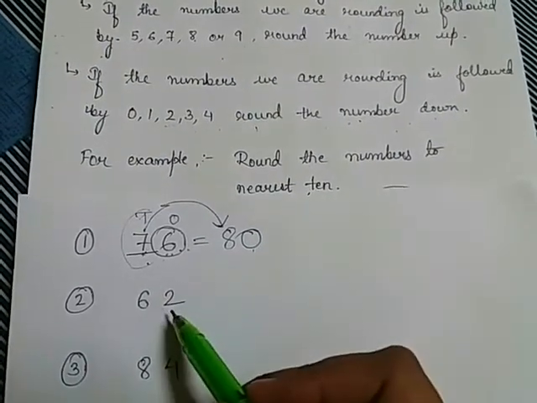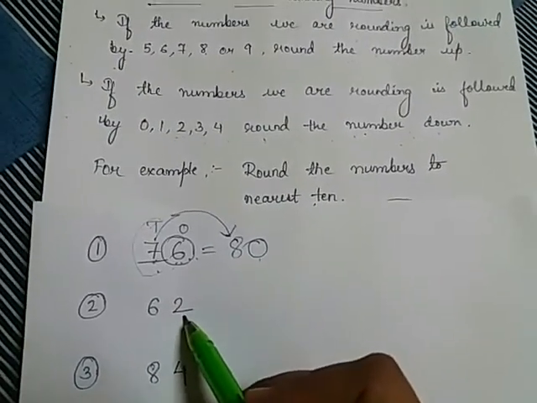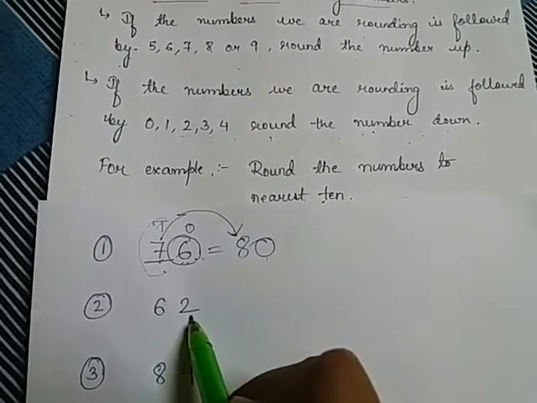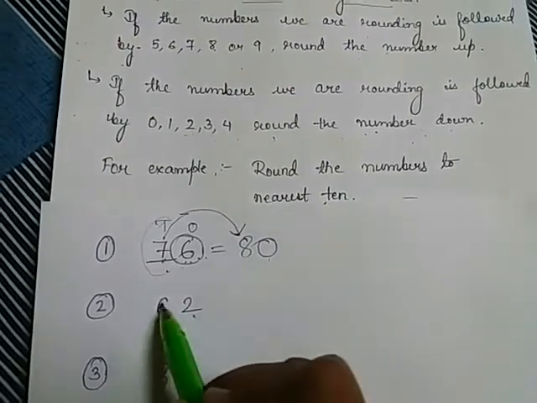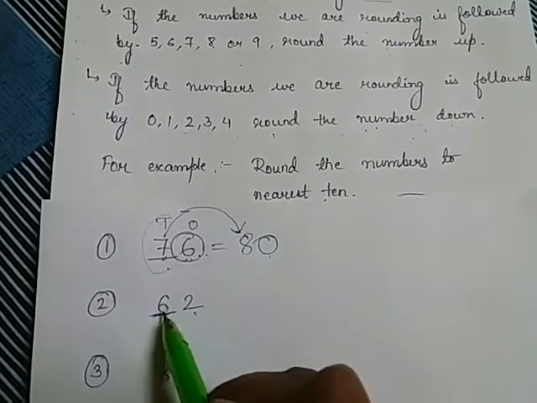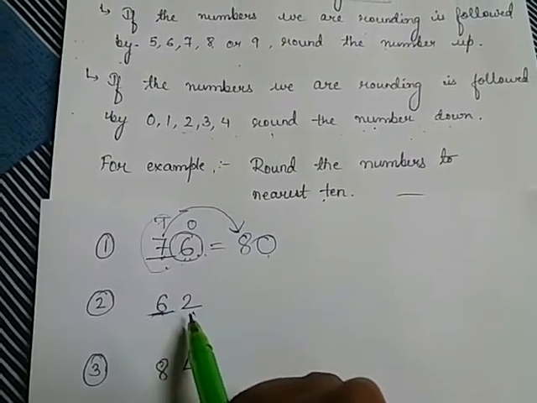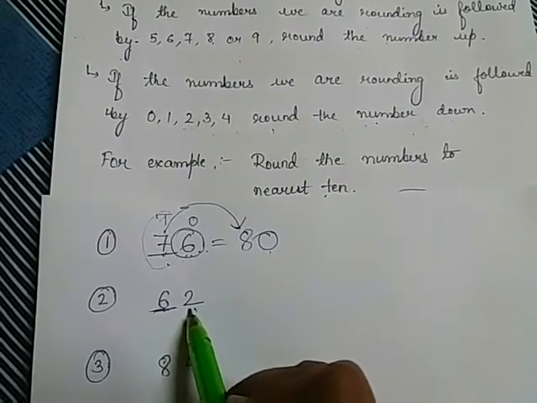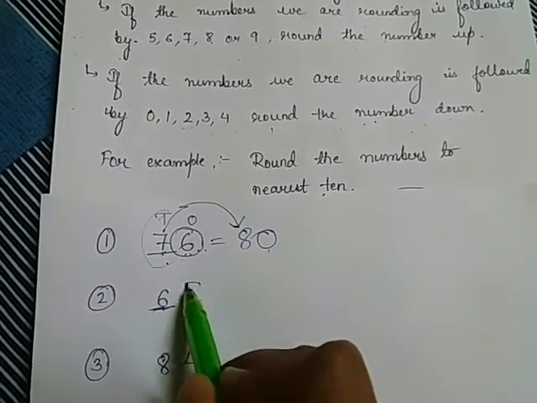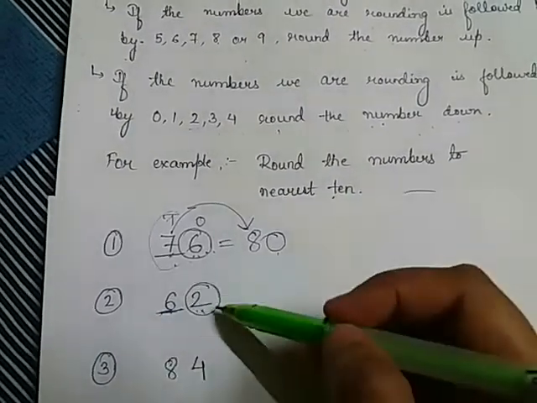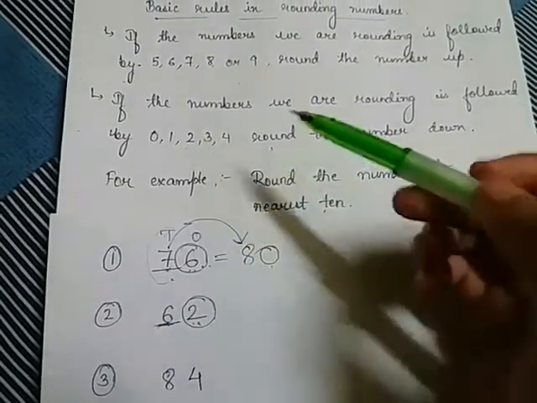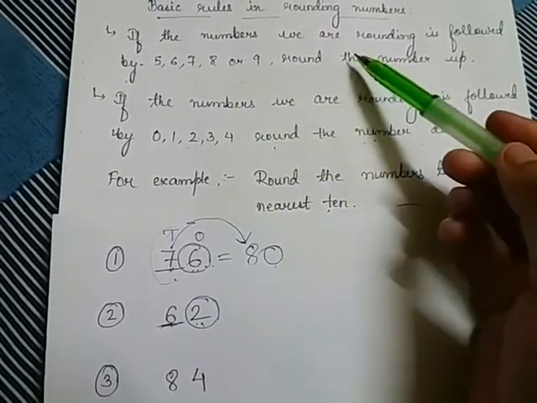Now let's move to the second number. Here also the digit that we have to round off is 6, at the tens place. In order to round this digit, we have to see the digit just right of this one, which is 2. Then we see whether this 2 falls under this category or that category.